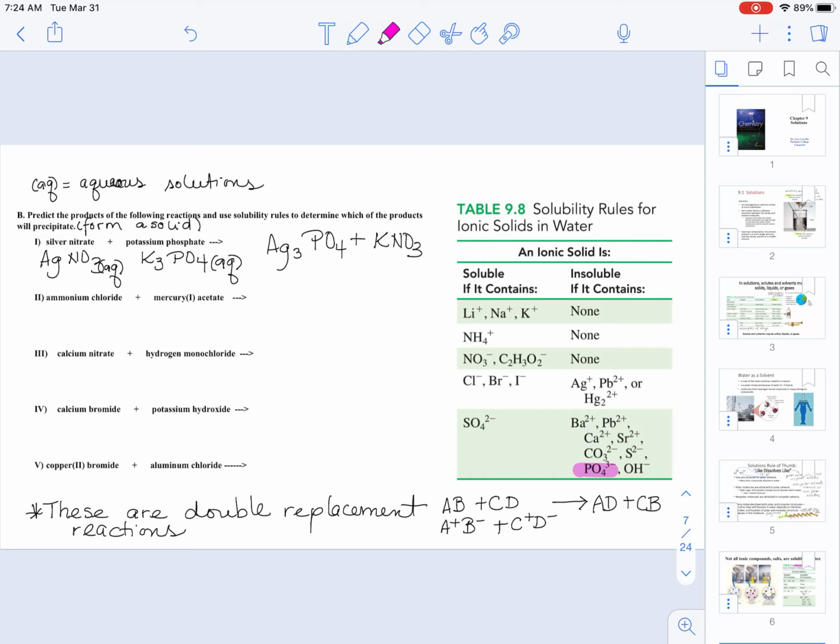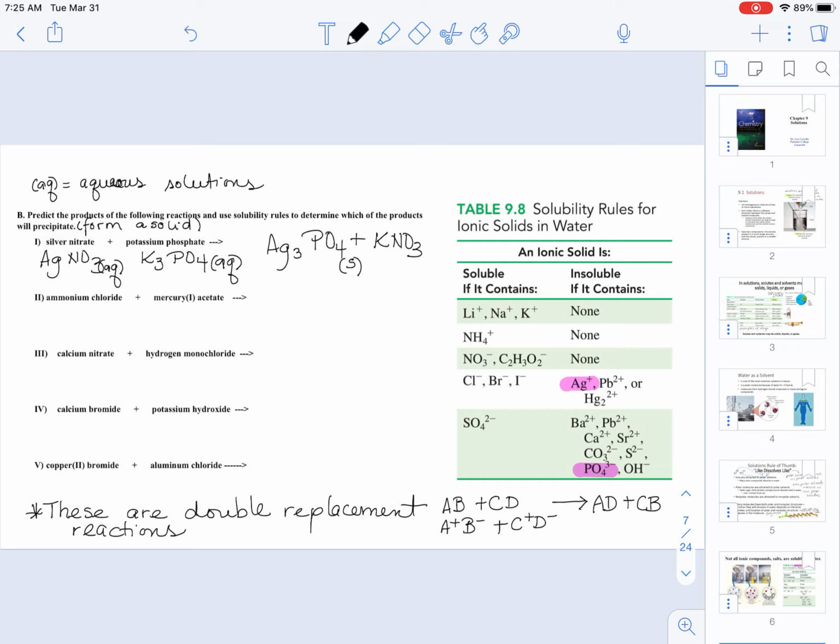And as you can see, a solid that contains phosphate is always insoluble. But notice that this time, that phosphate is going to be with silver because the cation and the anion are both on the insoluble section. Then that means that silver phosphate is going to be solid.